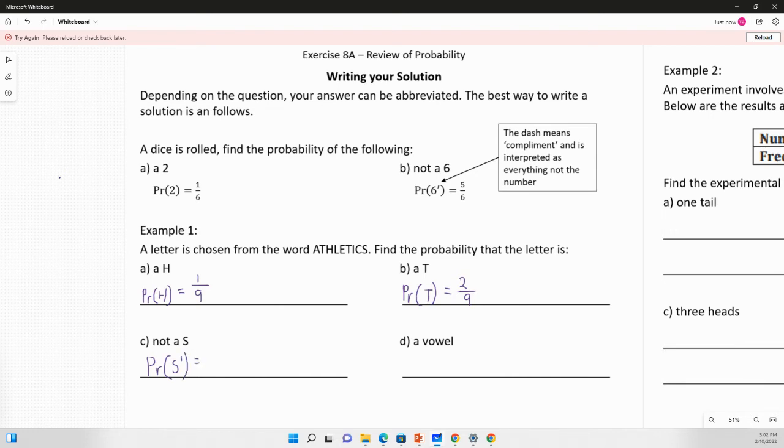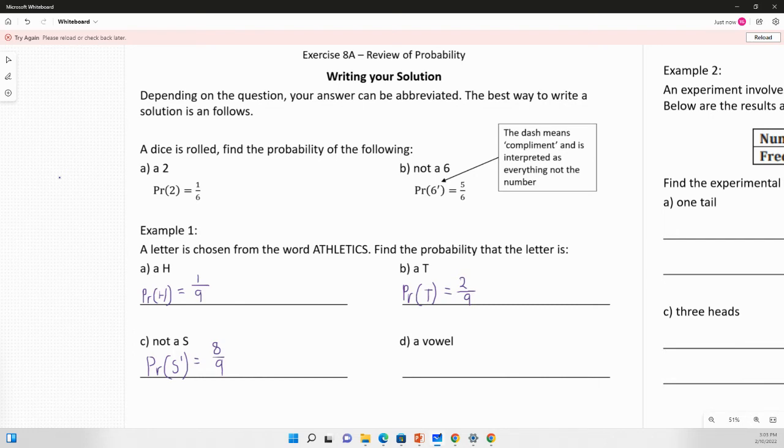So now let's figure out, all right, how many different letters are there here that are not an S? So we figured out there was 9, and I can see 1 S here. So 1, 2, 3, 4, 5, 6, 7, 8. So there's 8 options that are not an S, and there's 9 in total. So there's 8 out of 9.